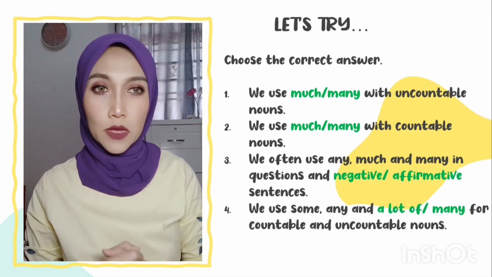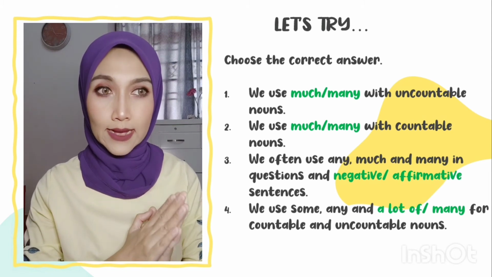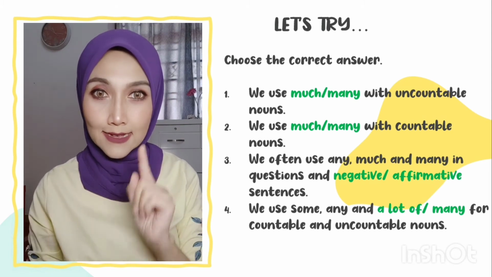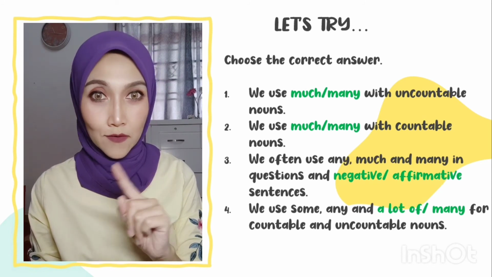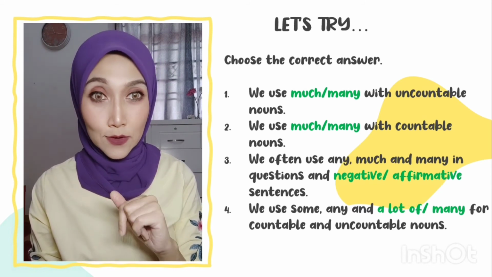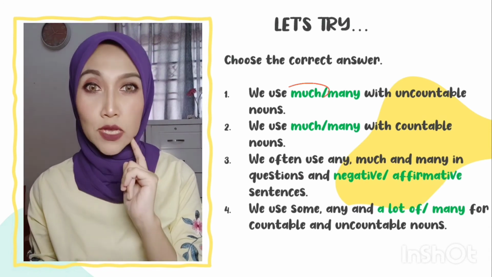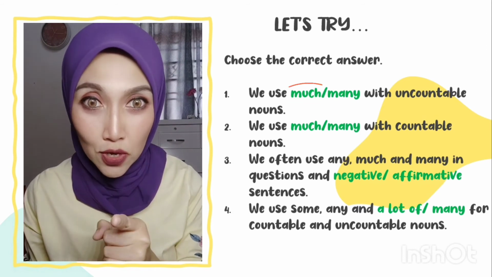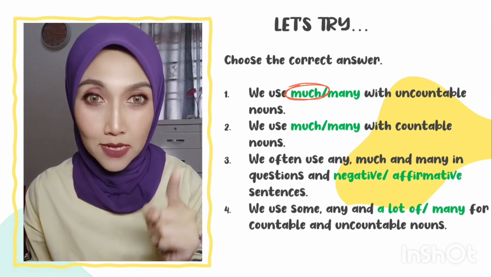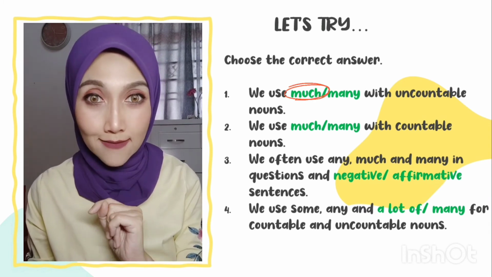Okay, first, we use much or many with uncountable nouns. Remember I explained before? Untuk yang tidak boleh dikira, kita guna much. Very good. We use much. Look at me. Much for uncountable nouns. Much untuk yang tidak boleh dikira.